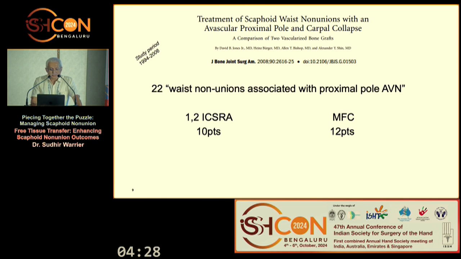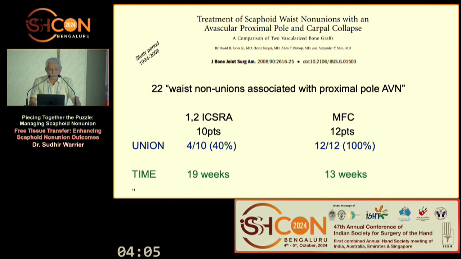Ten of these patients were treated with the ICSRA and 12 with the medial femoral condyle graft. The union rates with the ICSRA were only 40%, whereas there was 100% success with the medial femoral condyle. So when you're dealing with the most difficult ones, probably there is some role for this.